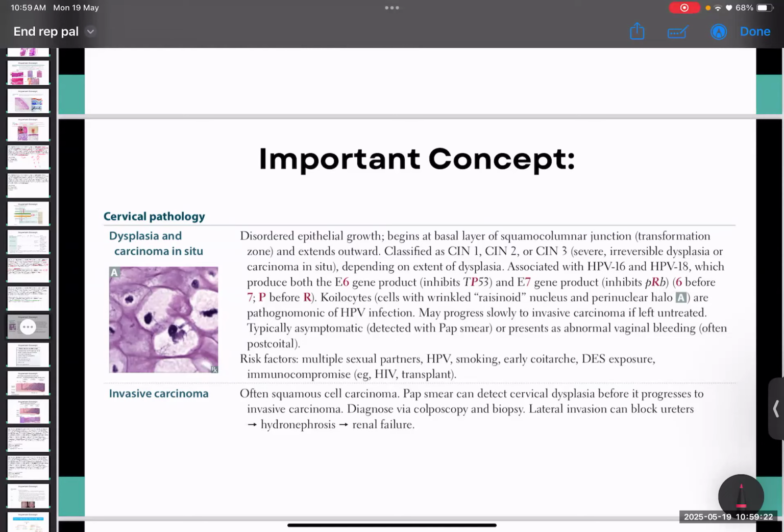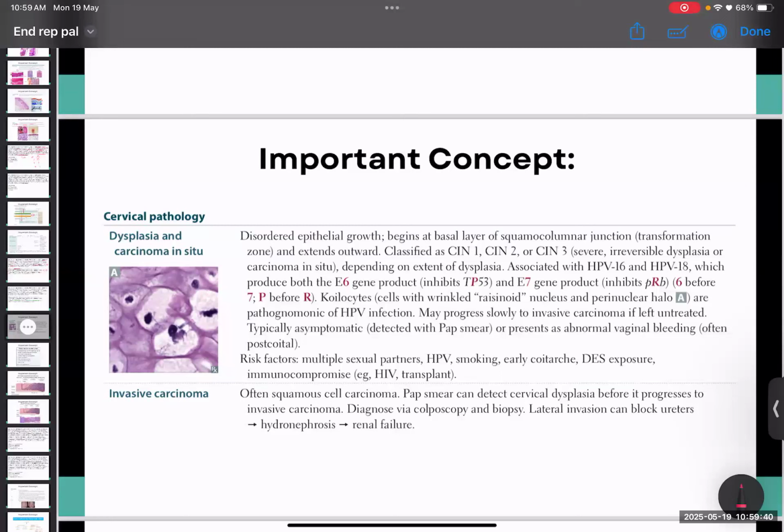And this depends on how much of the layer of the epithelium is involved, and it is associated with HPV 16 and 18.